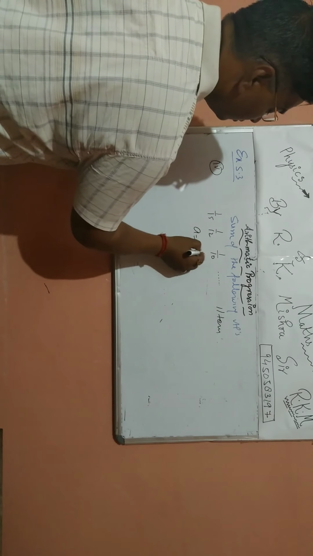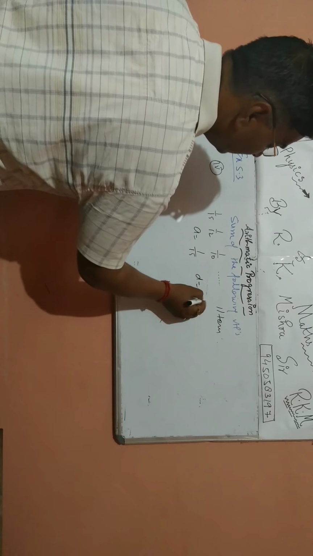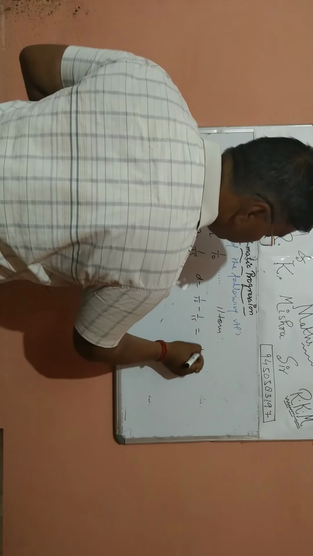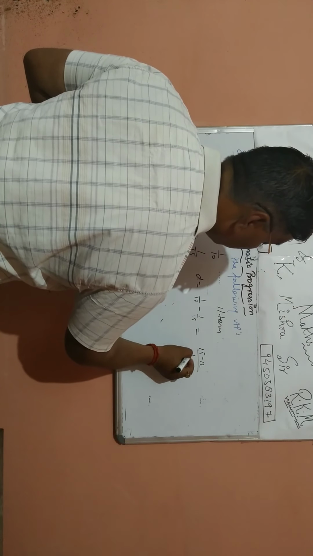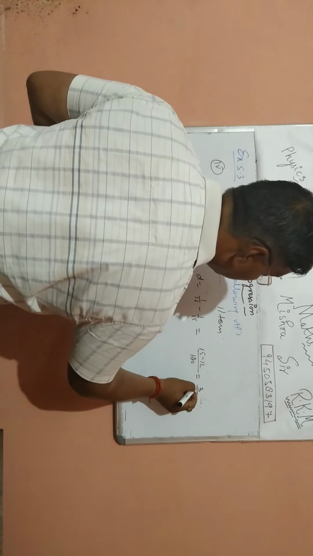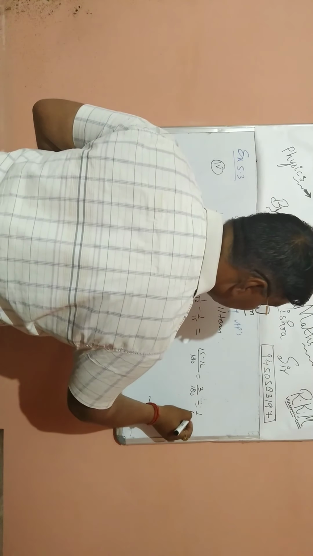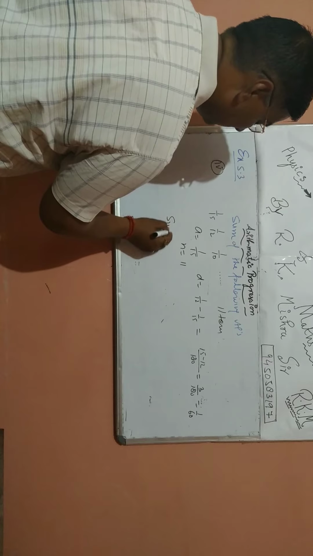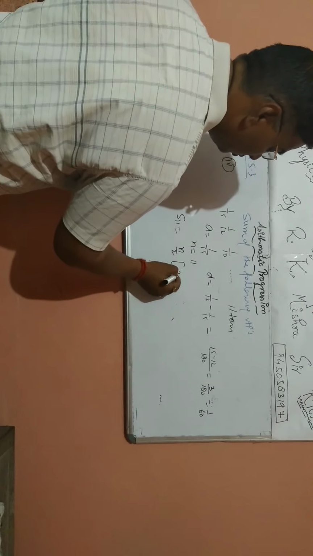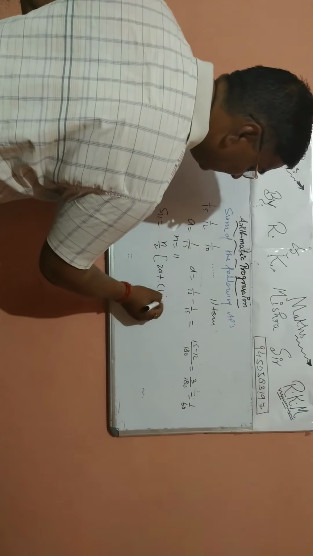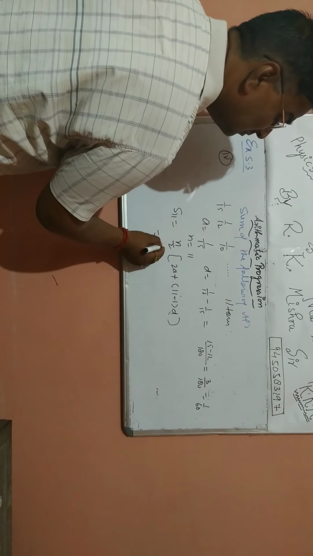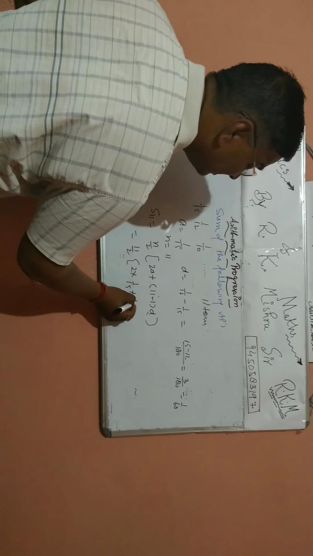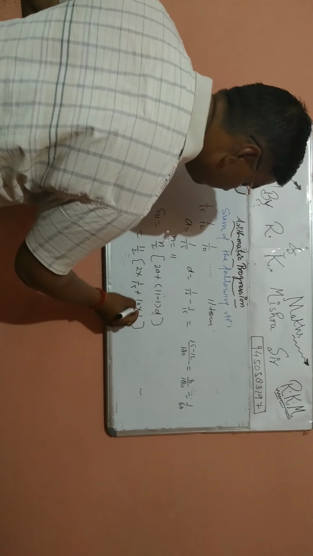A is equal to 1 by 15, D is equal to 1 by 12 minus 1 by 15, that is (15 minus 12) upon 180, 3 by 180, that is 1 by 60. And N is equal to 11, so S11 is equal to N by 2 [2A plus (11 minus 1) into D], 11 by 2 [2 into 1 by 15 plus 10 into 1 by 60].